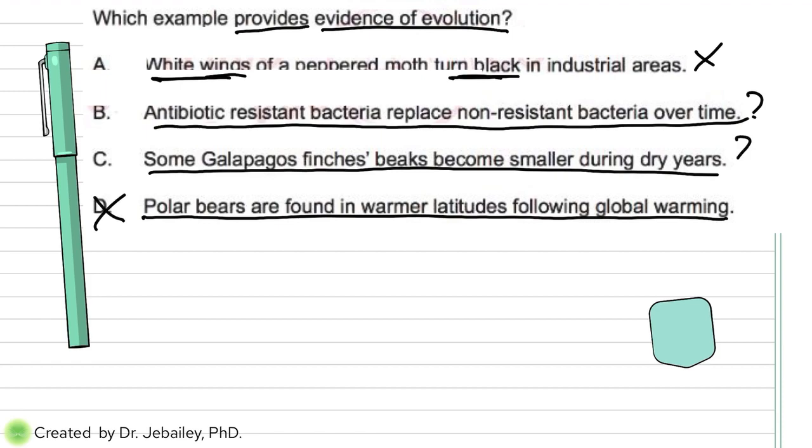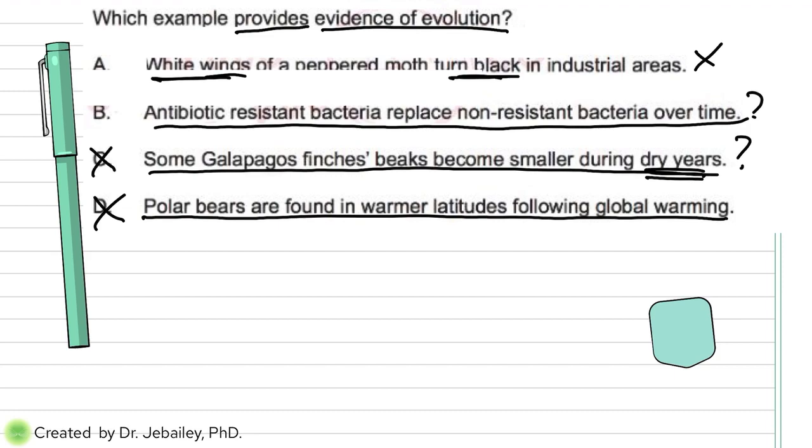Usually students will have these two as more of their thoughts. They say, but the Galapagos finches, isn't that evolution because they're changing their beaks? But it says during the dry years, so they're not really changing to another species. Some years the finch gets smaller and some years they get bigger, but it's still the same species.